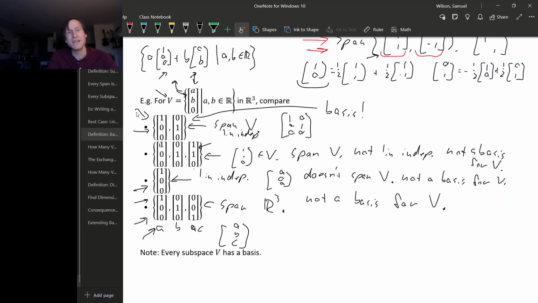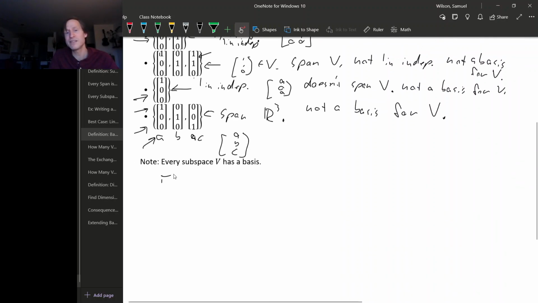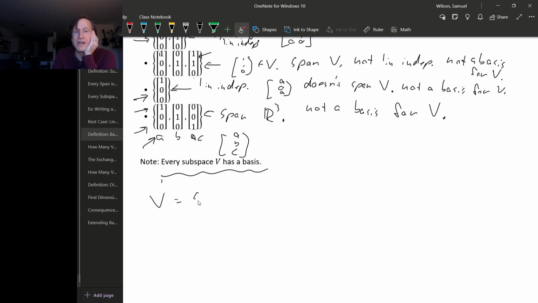Notice, though, that even though it could be tricky to come up with a basis, we know that every subspace has a basis, because one of the things that we proved earlier is that it's possible to write V as a span of some vectors, and it's possible to arrange things so that these vectors are linearly independent.